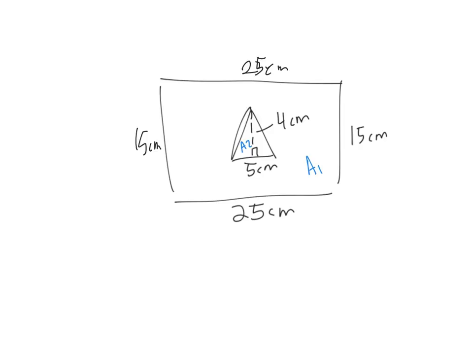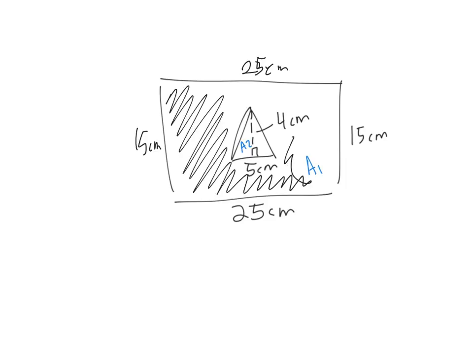And this question here, if you get this kind of question, it's asking what is the area of the shaded area. Okay, you can imagine all that stuff is shaded. And so then if I'm trying to find the total shaded area, then I'm going to need to get the area of A1 and then get the area of A2, and I'm going to need to subtract A2 from A1.